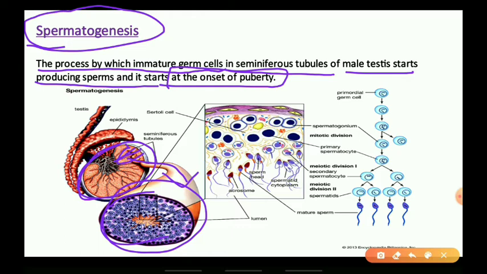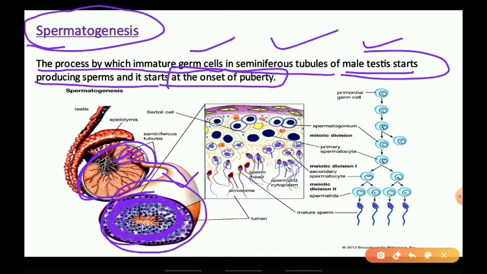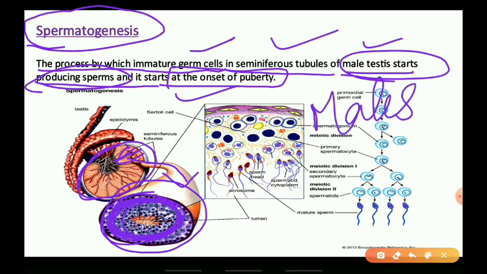this seminiferous tubule is lined inside, the inner walls of the seminiferous tubule are formed of germinal cells, germinal tissue. And these germinal cells in the male testis within the seminiferous tubules start producing the sperms. This spermatogenesis in males starts on the onset of puberty.